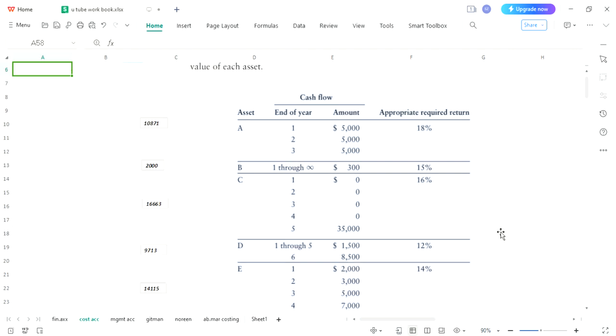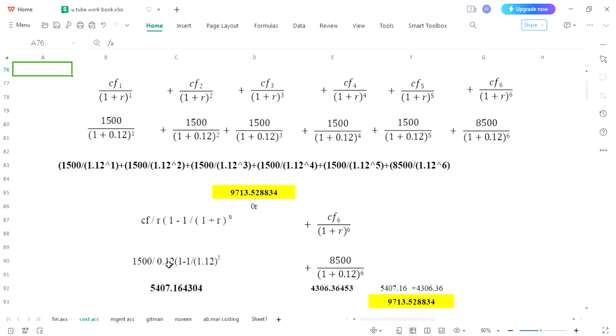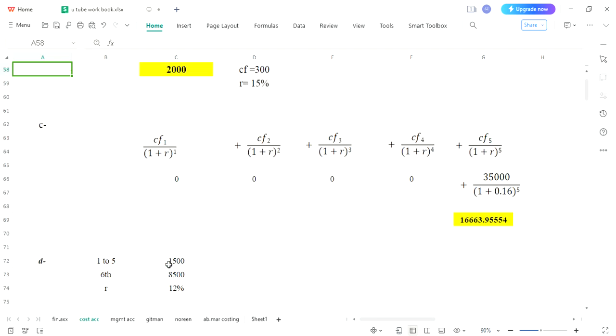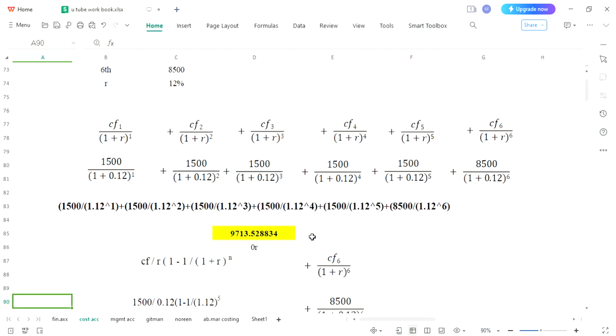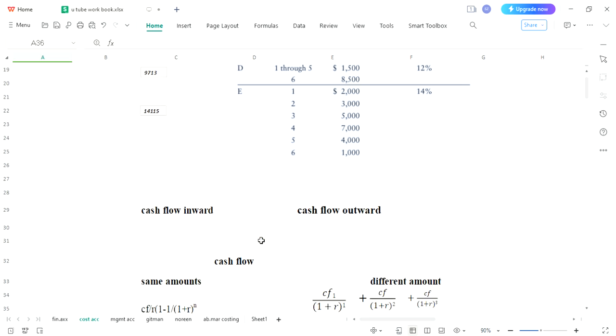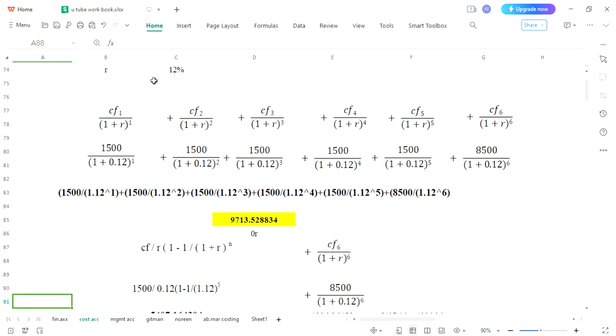Then you have your fourth part 9,713, D part. So here we have our D part, and answer is 9,713. And we have solved 9,713 again with 2 different methods.